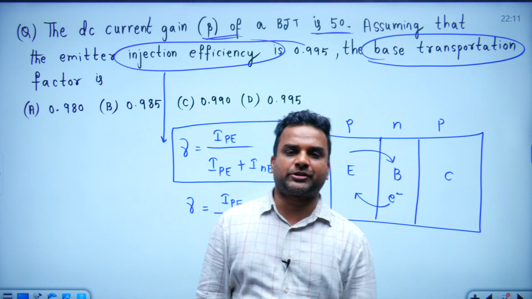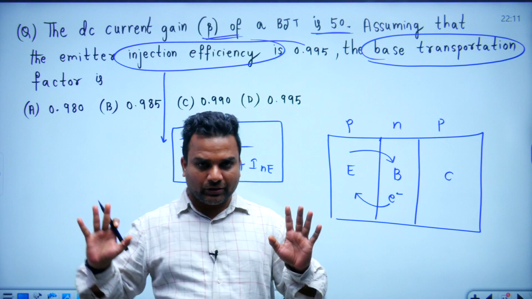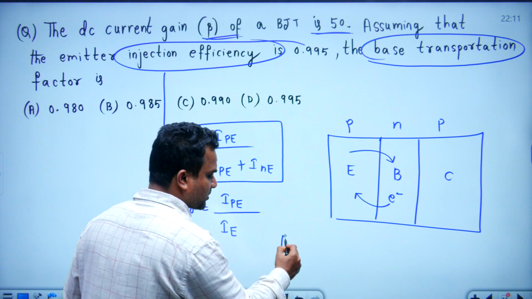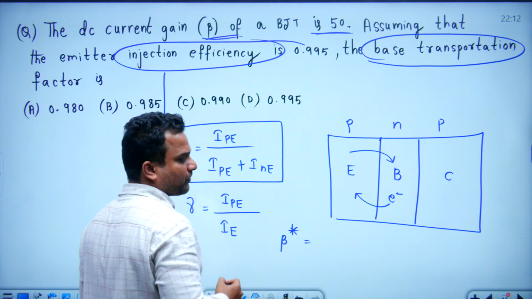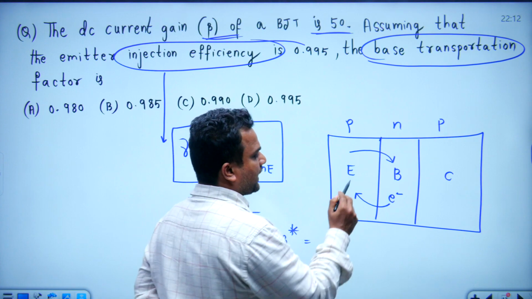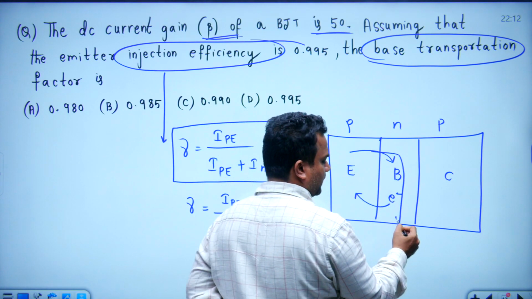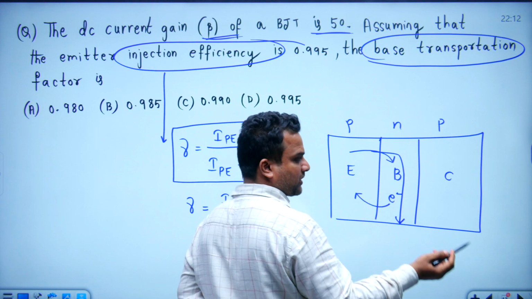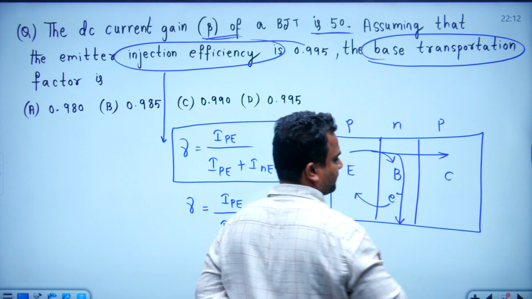So the base transportation factor beta star is, remember, whatever carriers are coming from the emitter, some of them go to the base region itself as a recombination current, and the remaining go towards the collector.